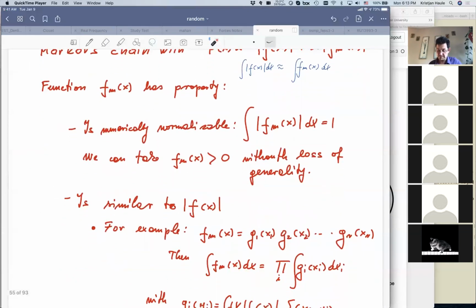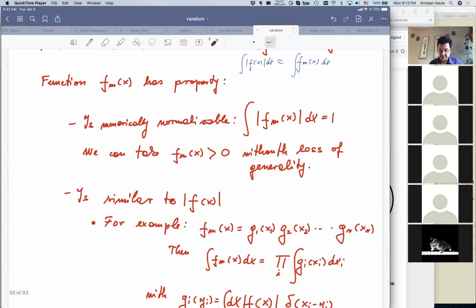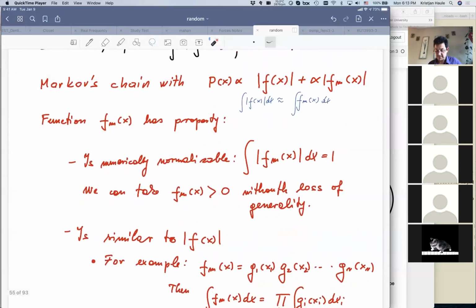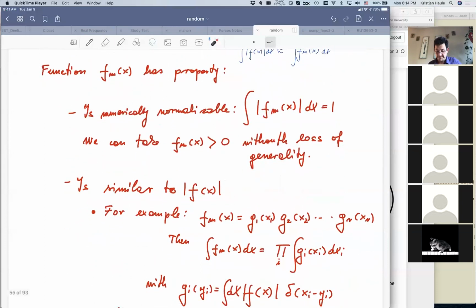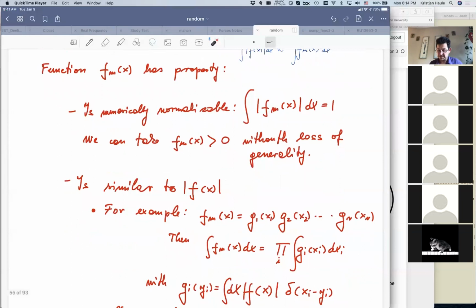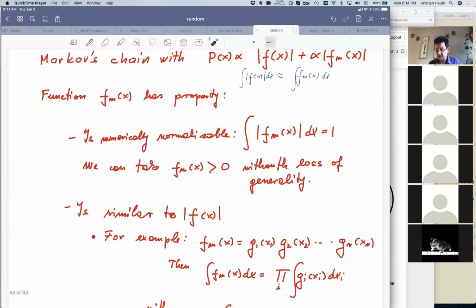Now, what are the important properties? This function fm has to have the property that it is numerically normalizable. Without any loss of generality, we can take this function to be always positive. But of course, if this function fm is an arbitrary function, then our simulation will be very inefficient.